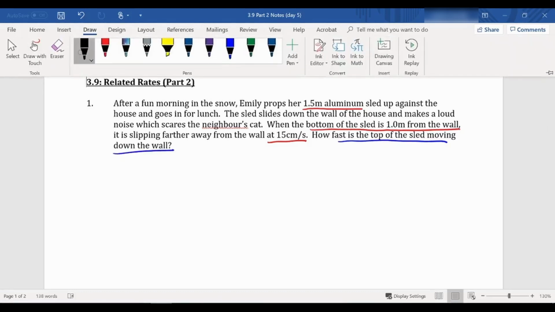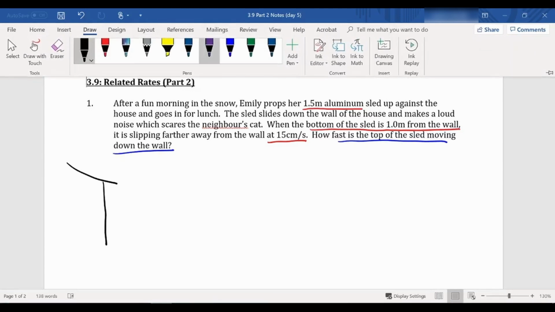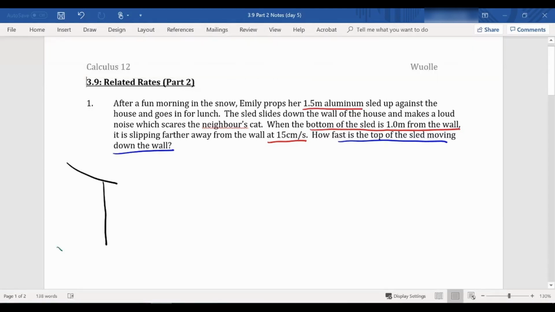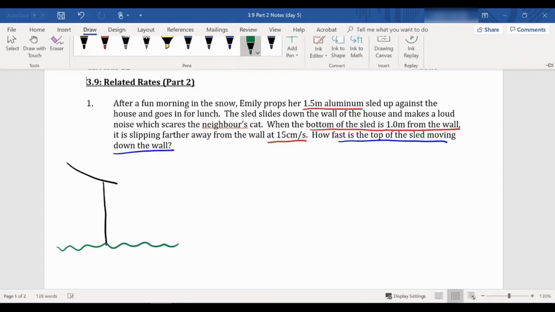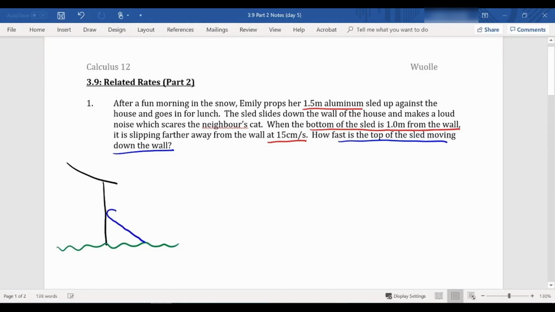So I'm going to draw myself a picture. Here's my house. I guess it's snow, so grass isn't probably a good idea, but here's my grass. Okay. And here's my sled. So my sled is 1.5 meters long. Okay.